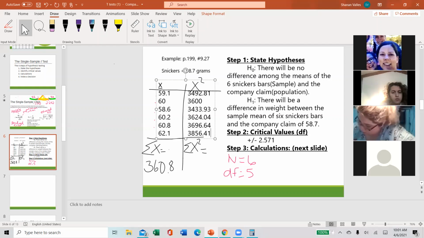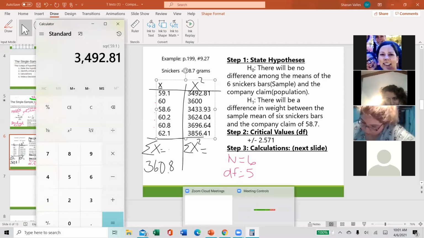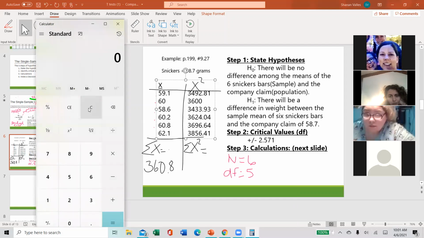Oh my goodness, lots of big numbers here, right? So now to get our sum of our x's squared, we just add up this column. We just add up all these big numbers, and that's okay, we can do it.